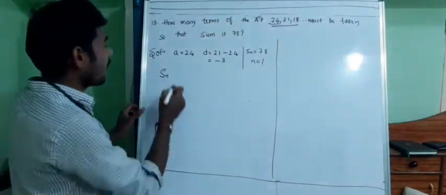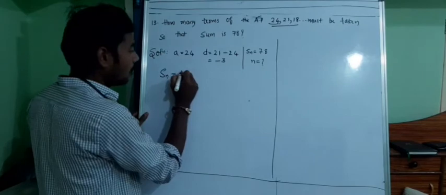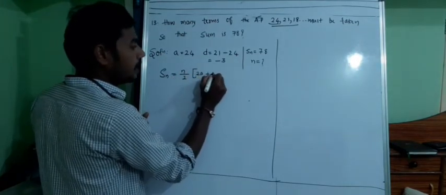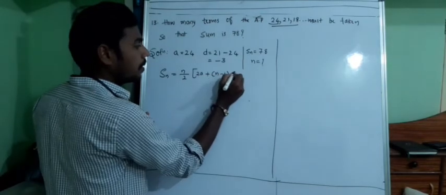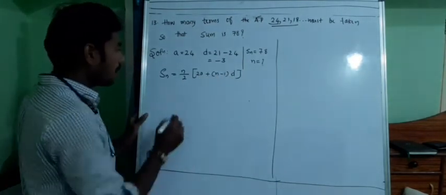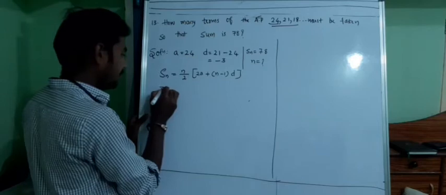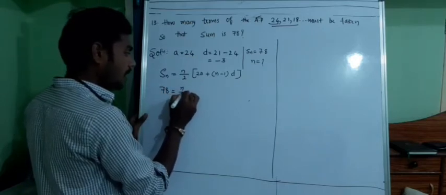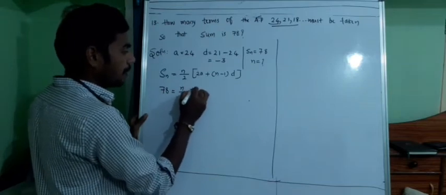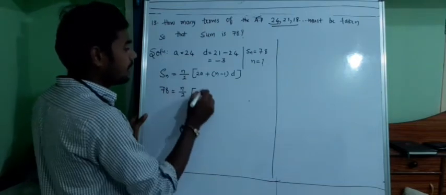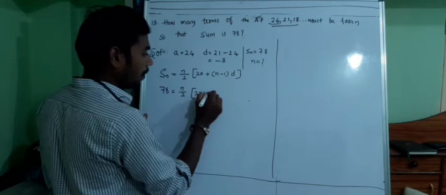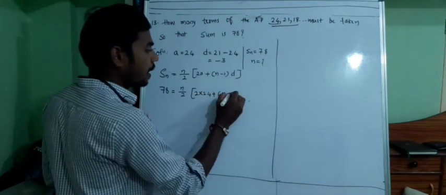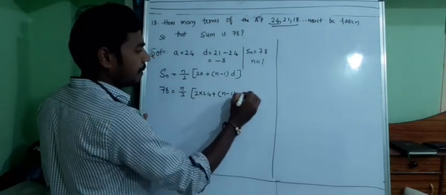So what formula do we have? We have Sn is equal to n by 2 into 2a plus n minus 1 into d. Now Sn is 78. Write as it is. n we need to calculate, keep as it is. 2 into a, a is 24, plus n minus 1, n I need to calculate, keep as it is, d is minus 3.